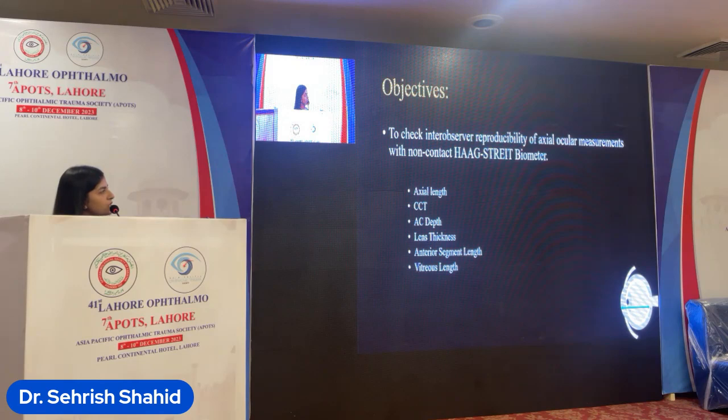The objective of my study was to check the inter-observer reproducibility of axial ocular measurements with the non-contact Hex striate biometer. These were the parameters I measured: axial length, central cornea thickness, anterior chamber depth, lens thickness, and vitreous length.